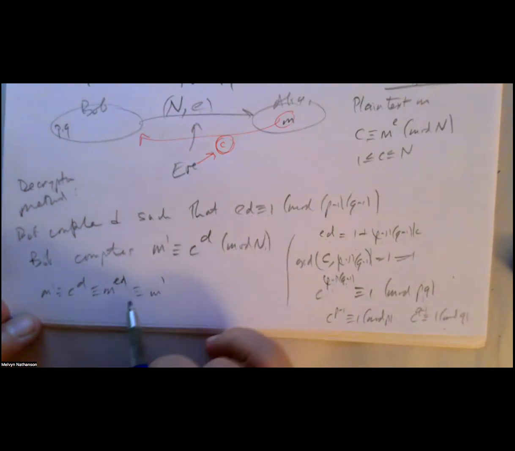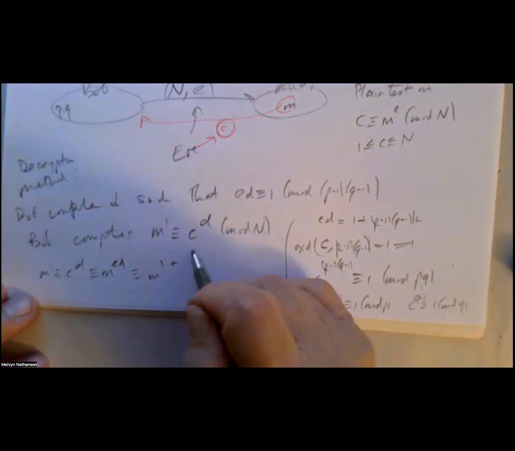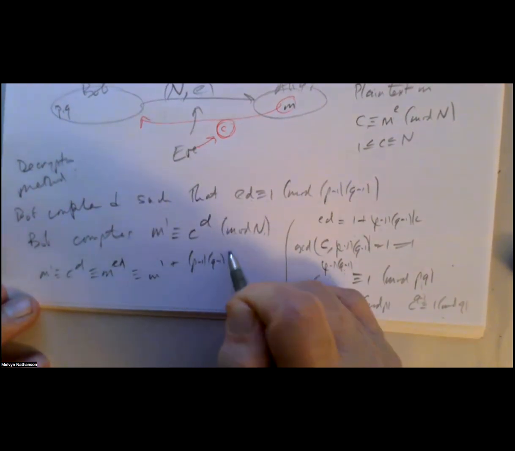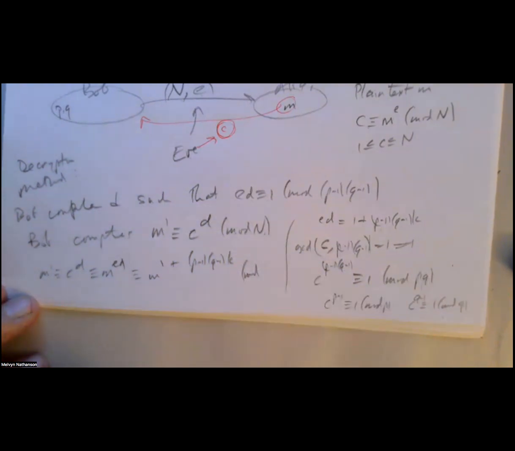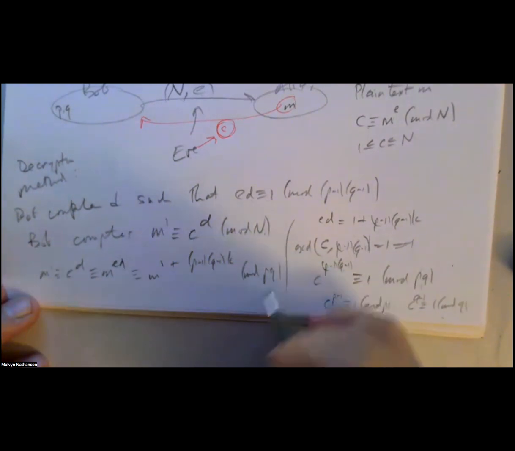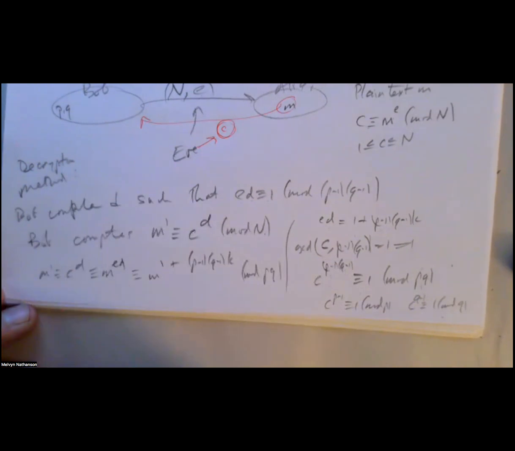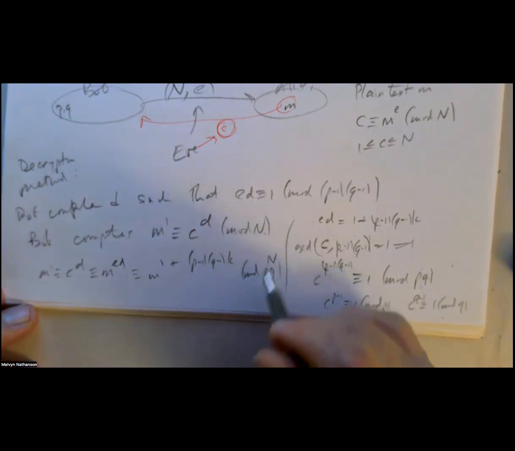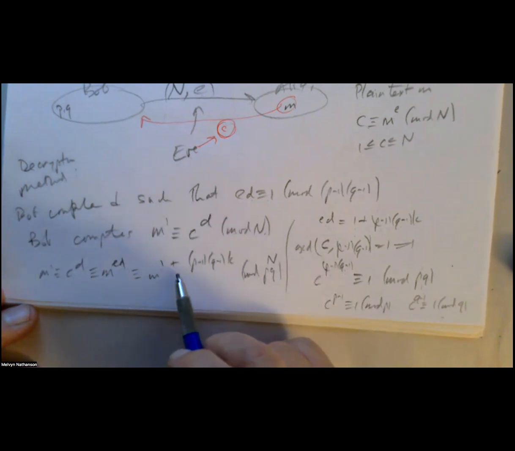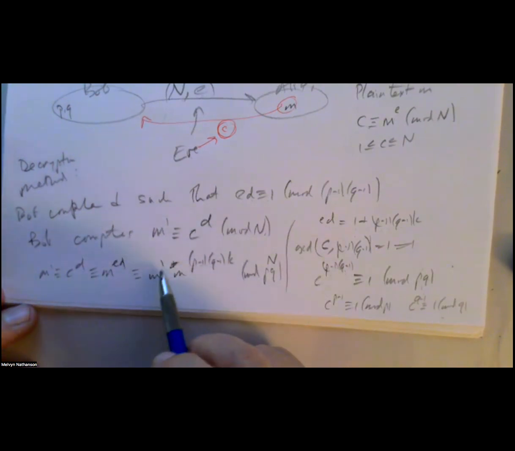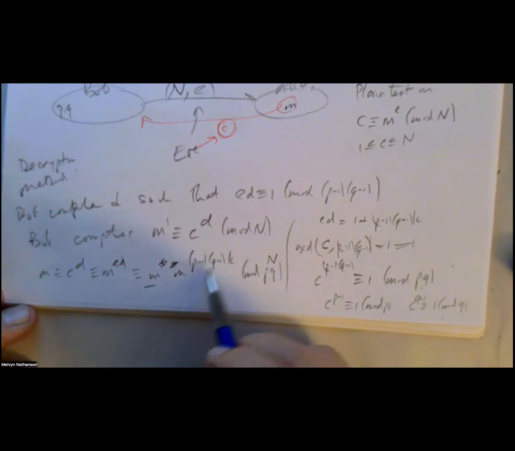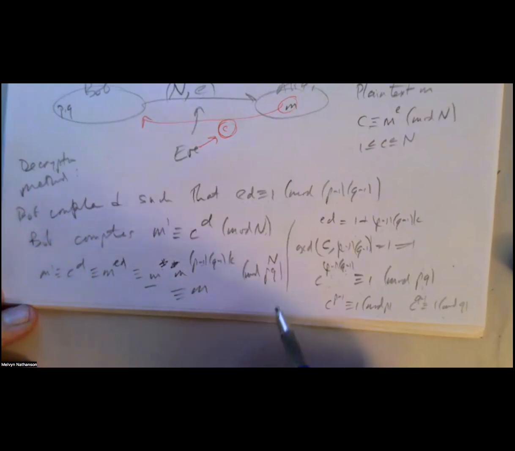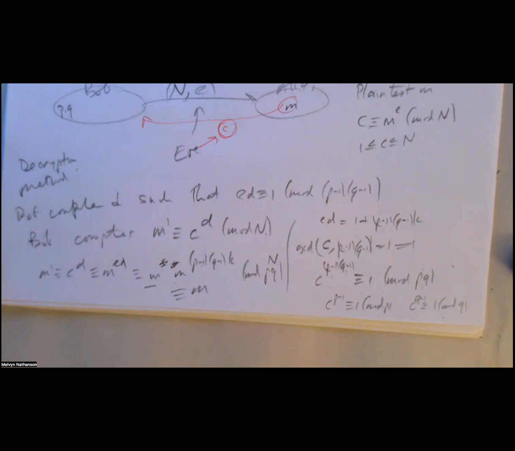ED is 1 plus (P minus 1)(Q minus 1) K, mod PQ, which is M to the first power times M to this power. M to the first power is just M. M to the (P minus 1)(Q minus 1) is 1. This is 1 to the K. This is congruent to M mod N. And we're done. Bob is done. Bob has deciphered the message.